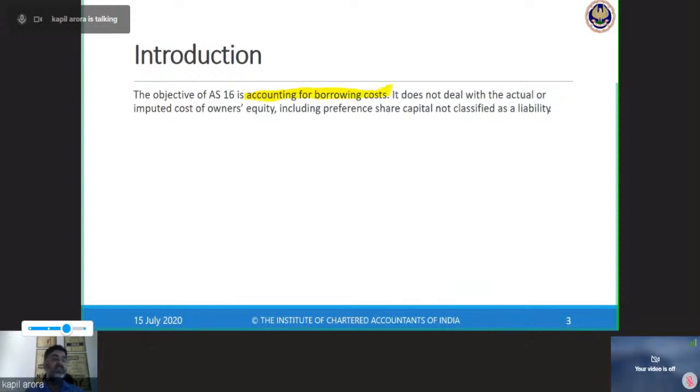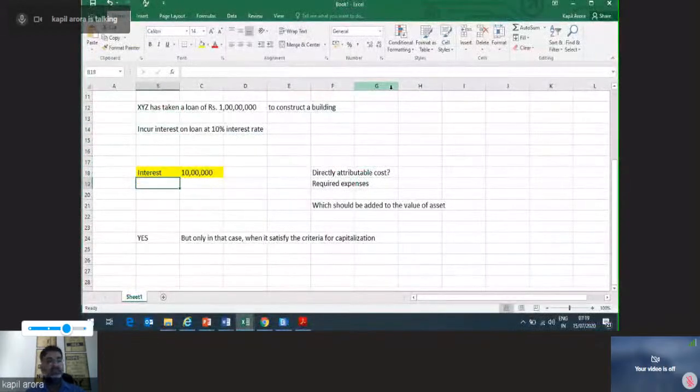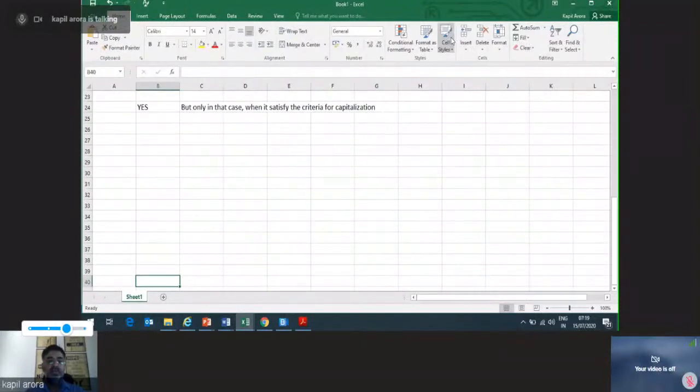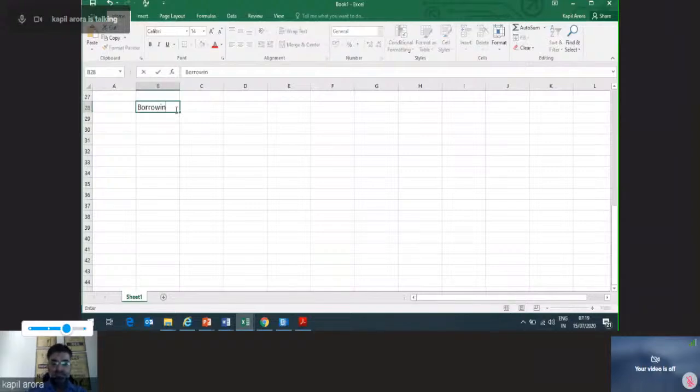Those borrowing costs which meet the criteria will be added to the asset value.